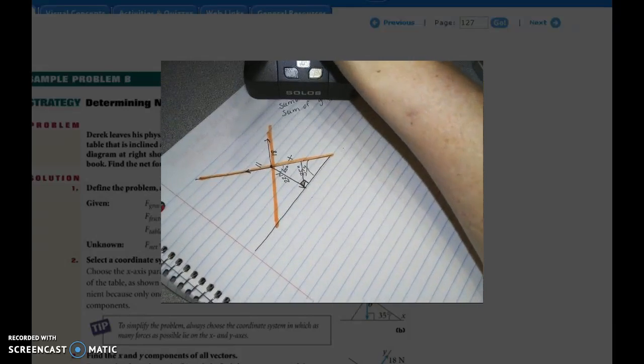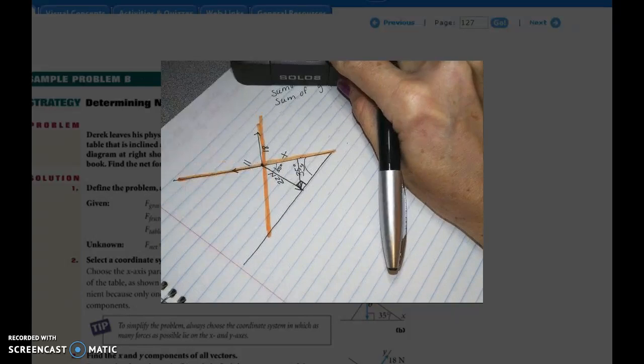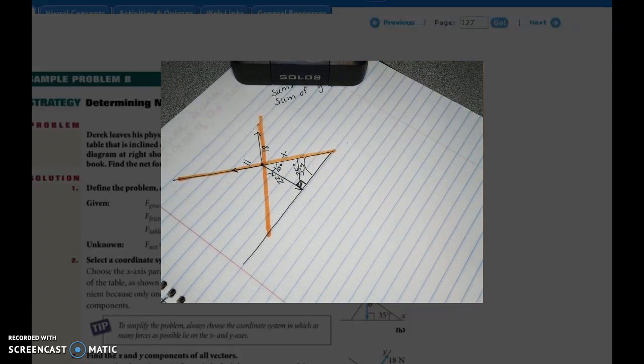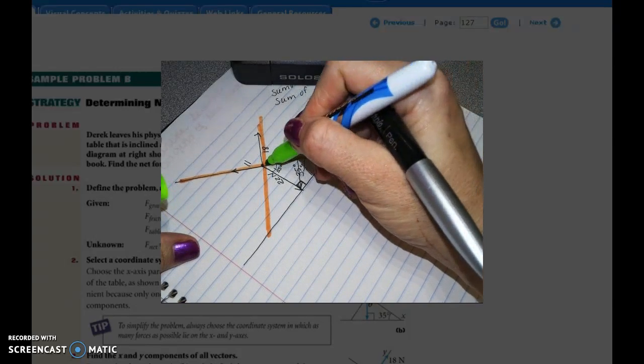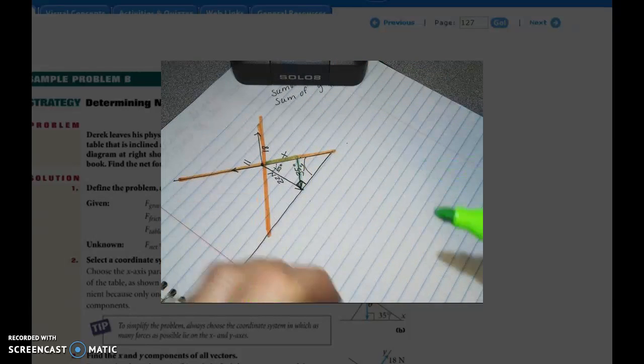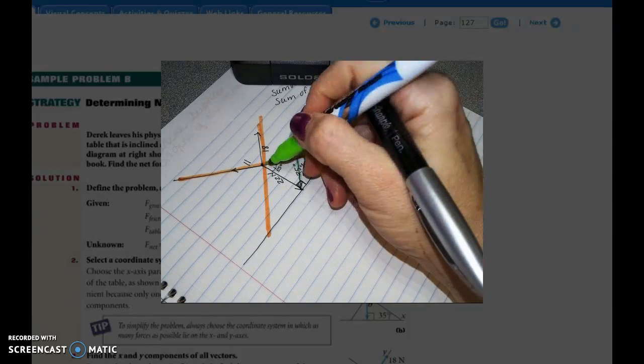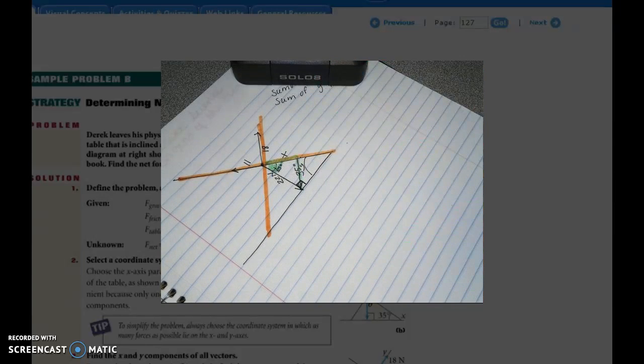So I'm just going to draw my connecting vector here, our x and our y. And we know this angle is 55 degrees.